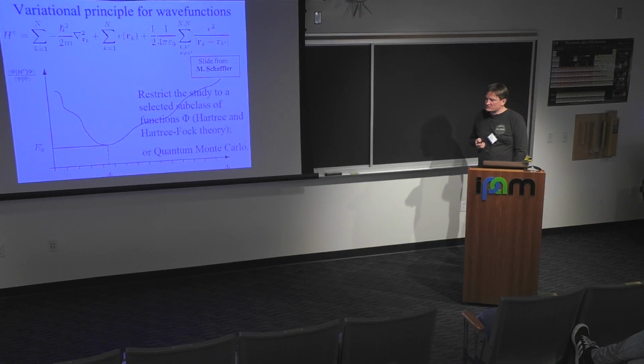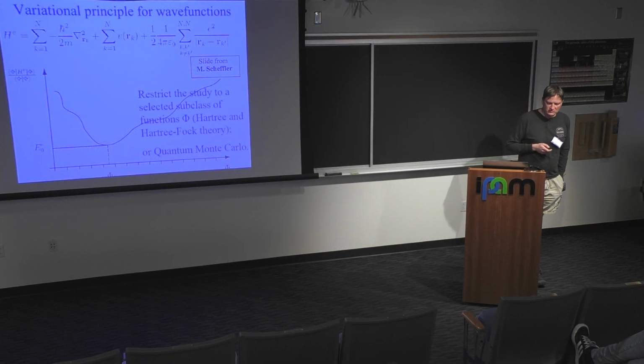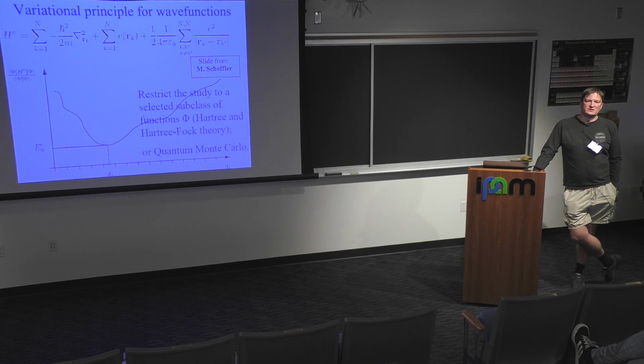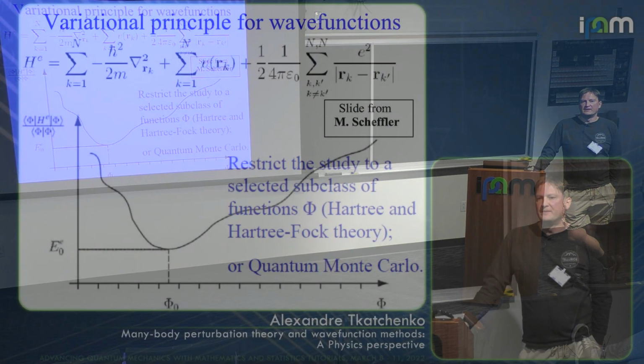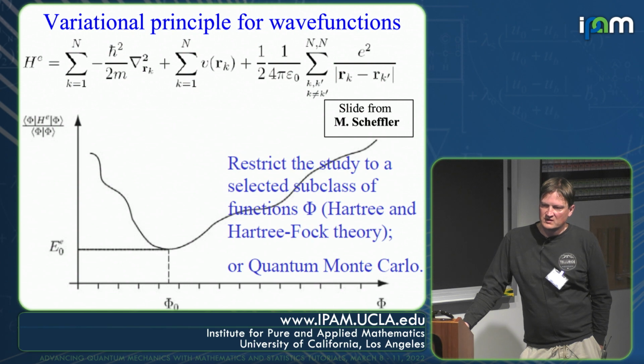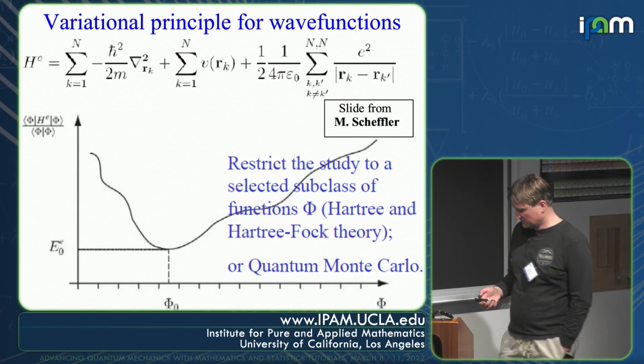And it's not trivial to propose a functional form because of the antisymmetry requirement for fermions. Even for 2 electrons, the simplest form that satisfies the antisymmetry requirement is a Hartree-Fock determinant, and that's already not so easy to deal with.